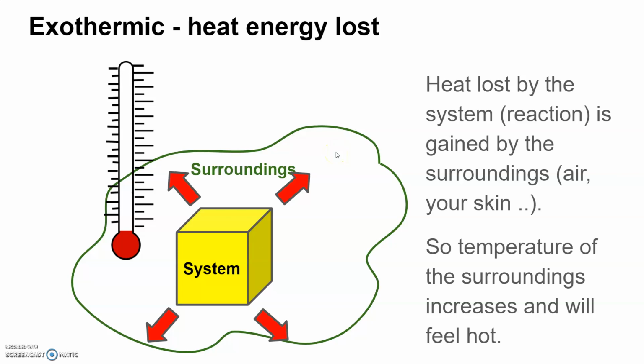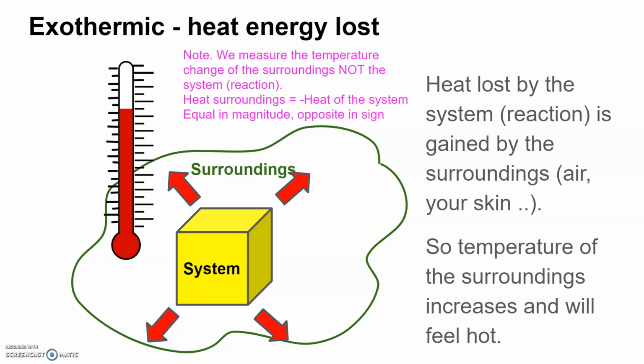So that could be the container that the reaction takes place in. It could be your hand if you're touching that container, the air around it, etc. When we're measuring the temperature change of a reaction, we're not measuring it of the system directly. We're actually measuring it of the surroundings. So in an exothermic reaction, the system is releasing heat into the surroundings. And so the temperature of the surroundings will increase and the surroundings will feel hot.